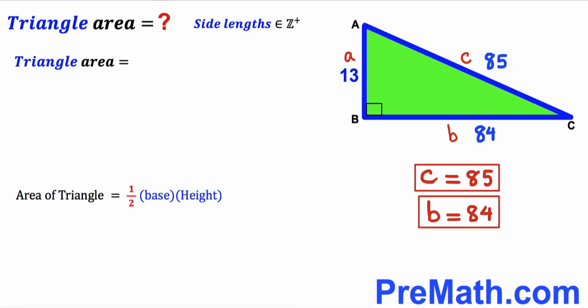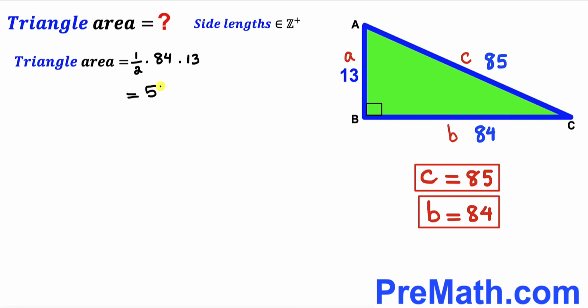So this green shaded triangle area is going to be a half times the base 84 times the height 13. And if we simplify and multiply, that is going to give us 546 square units, the area of this green shaded triangle ABC.